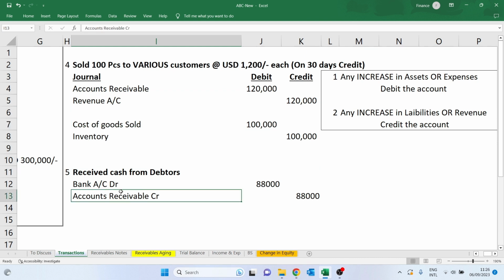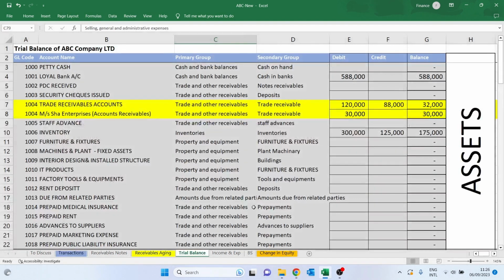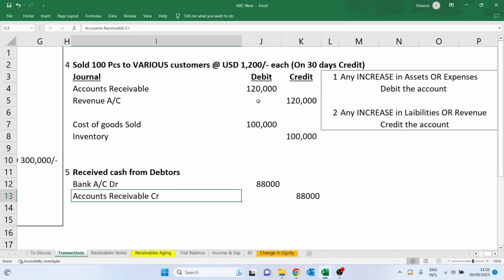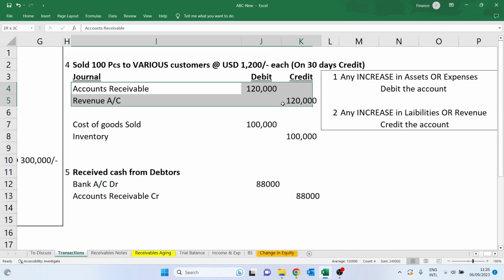These three entries we need to post into the trial balance. So let us go to the trial balance and post it. Actually, I have already posted those entries to discuss the topic immediately. So this 120,000 is this entry.